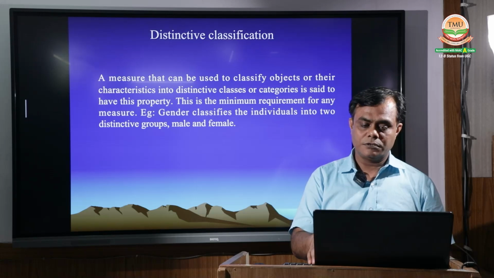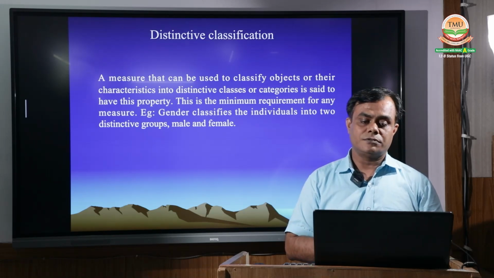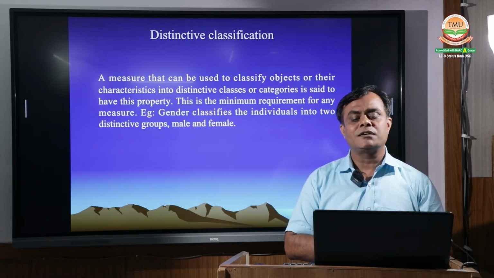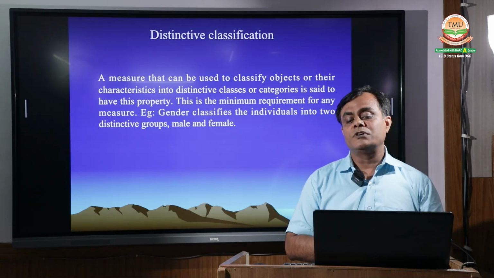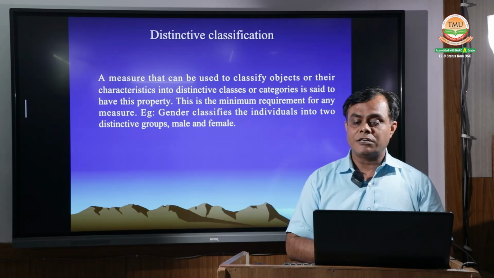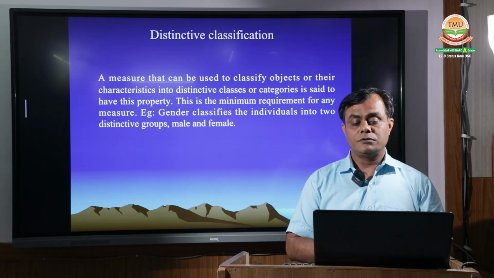So first is distinctive classification. Distinctive classification means very clear-cut classification. A measure that can be used to classify objects and their characteristics into very distinctive characters or categories is said to have this property.